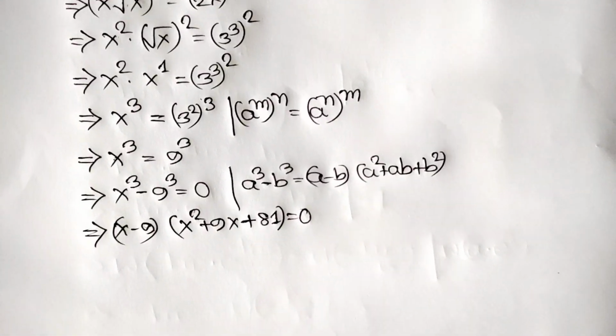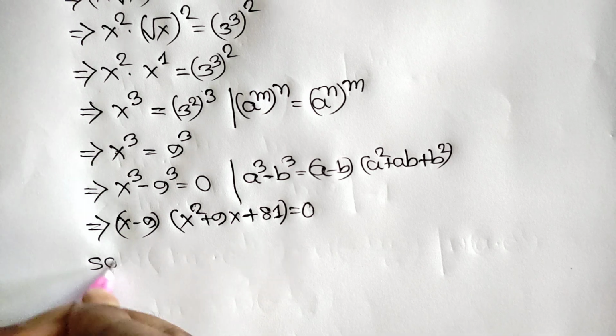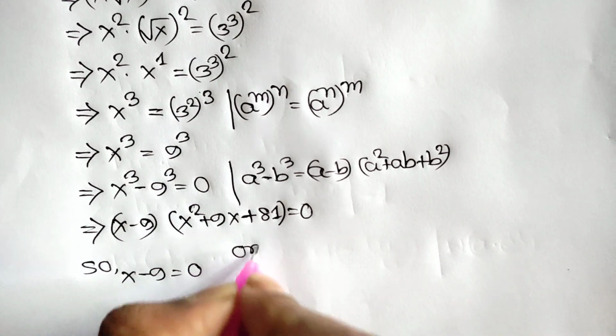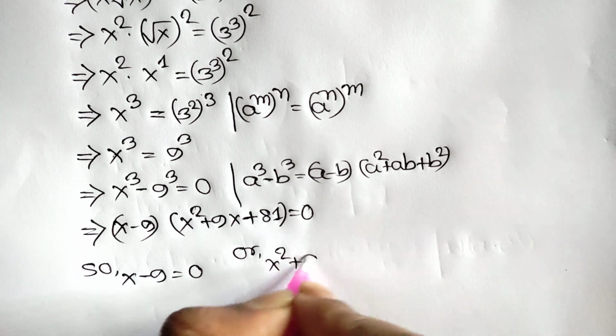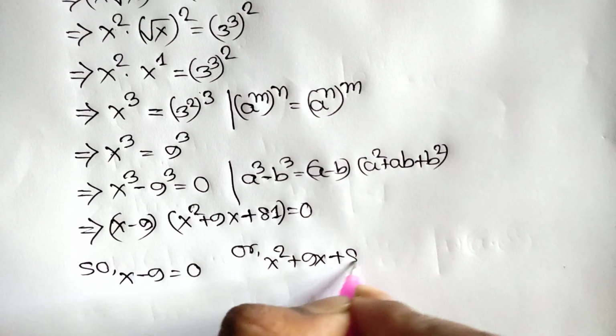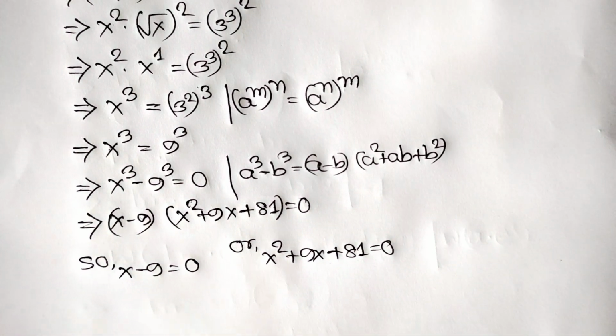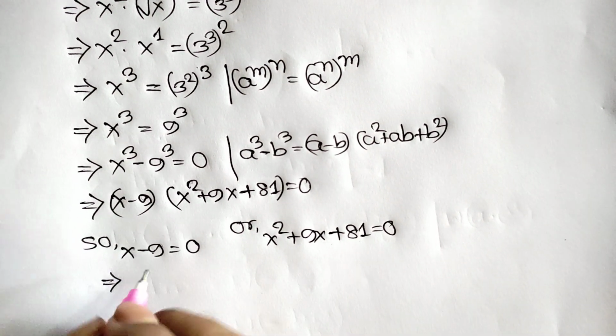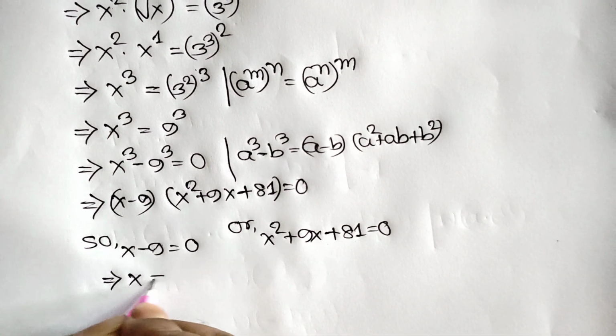Now there are two cases, so we can write x minus 9 is equal to 0, or x square plus 9x plus 81 is equal to 0. Taking this 9 to the right side, we will get x is equal to 9.